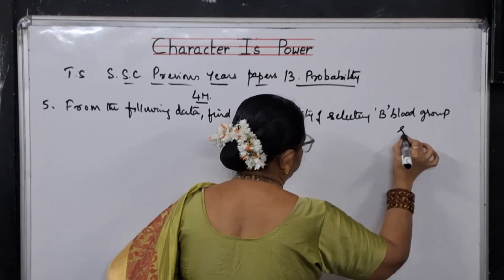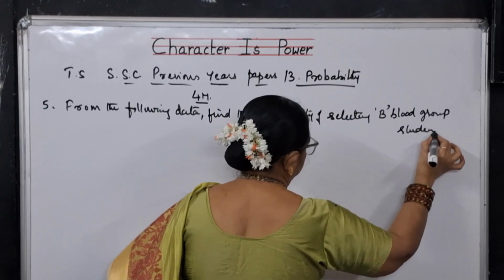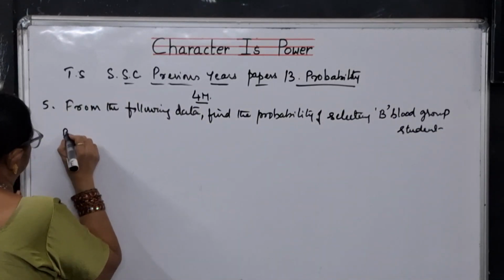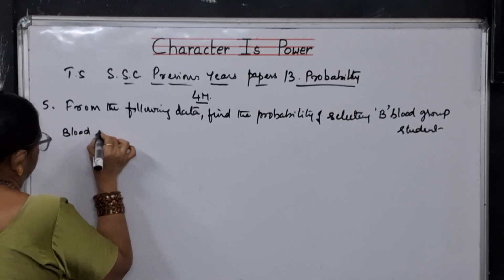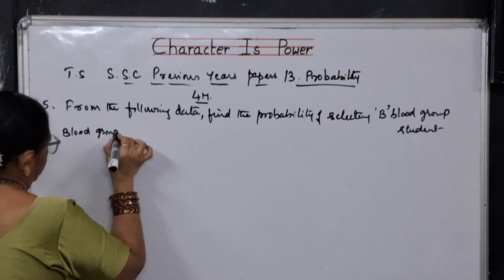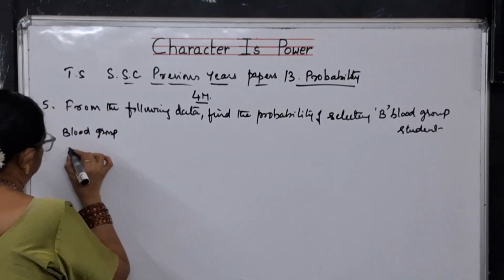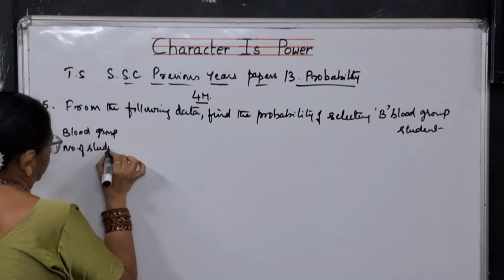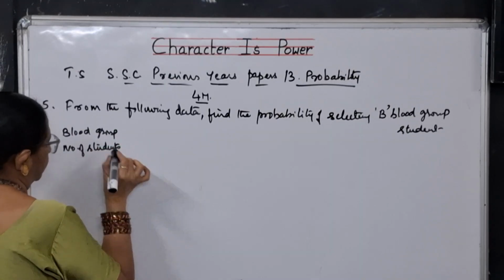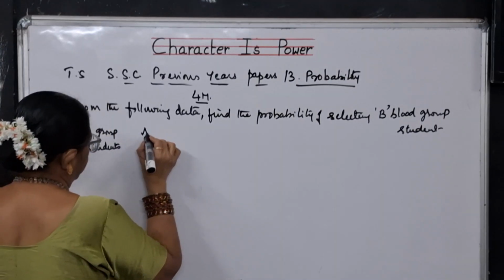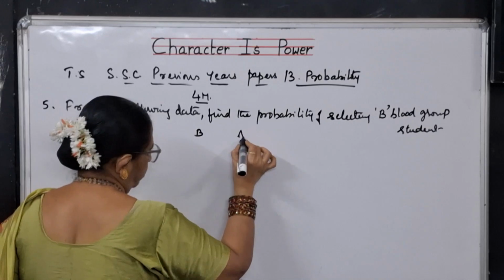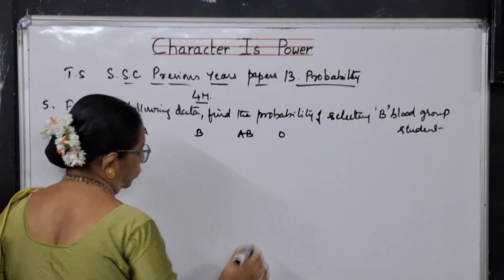In the problem, you have got blood group here and number of students. So, what are the blood groups? A, B, AB and O.